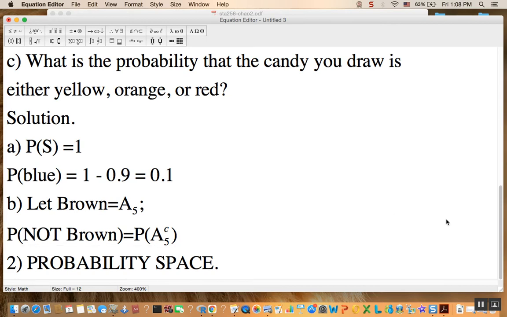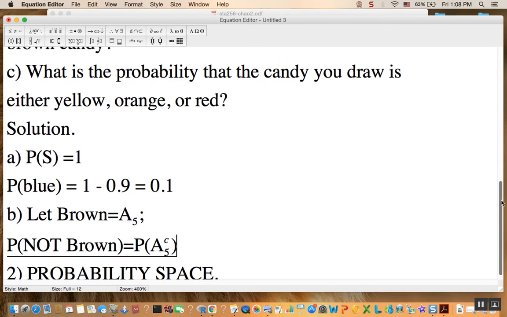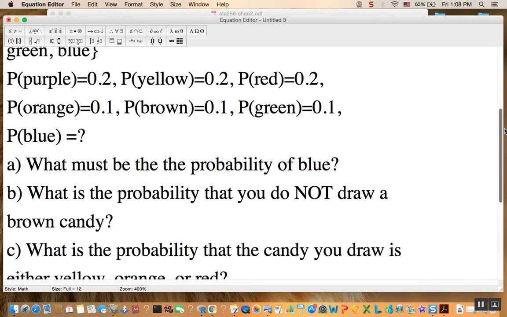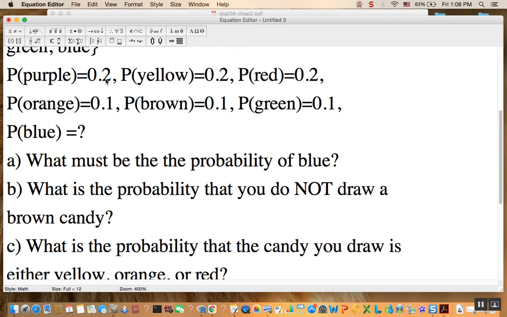The sum of the other guys. That would be one way of finding it. So it would be 0.2 plus 0.2 plus 0.2 plus 0.1 plus 0.1 plus 0.1 from part A.